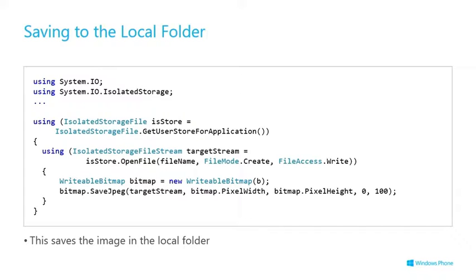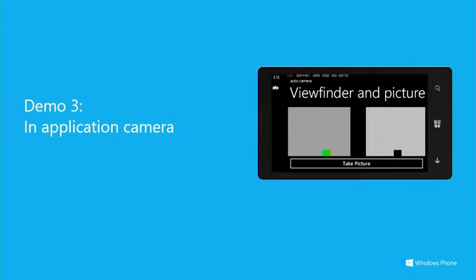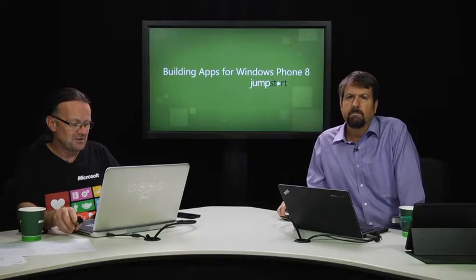It uses that bitmap image that we created on the previous slide, loads it into a writable bitmap, and then we call the SaveJpeg method on the writable bitmap. So you can save that image into a file that's private to your application, into your local folder. That's different from saving it to the camera roll, which is the user's public picture library. So a little demo of the in-application camera.